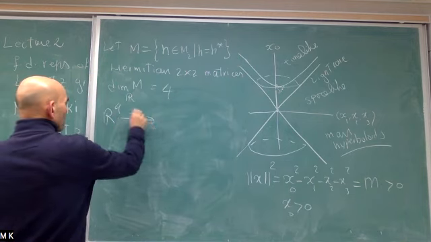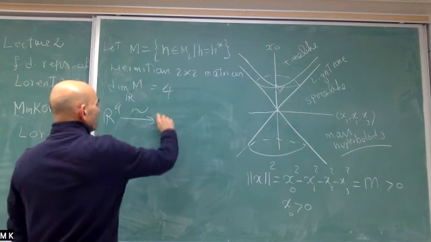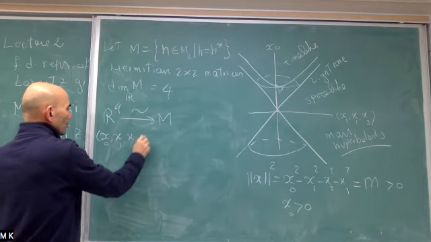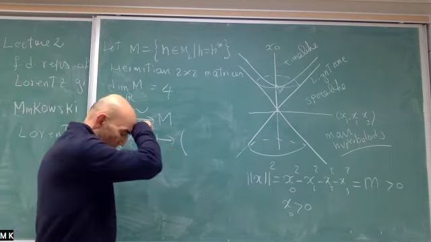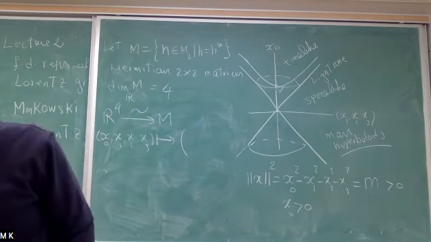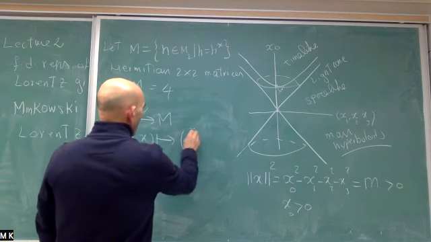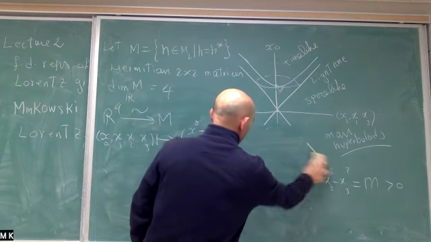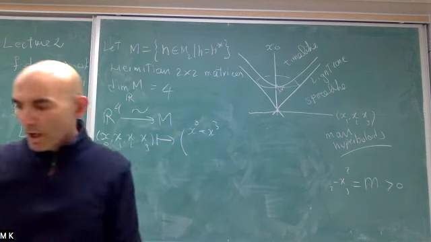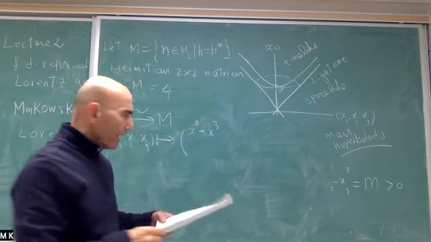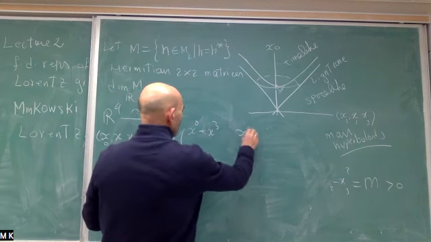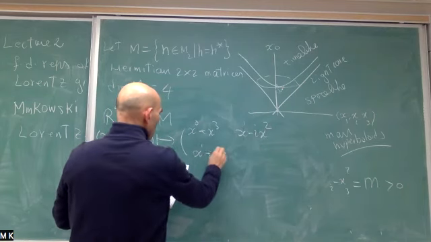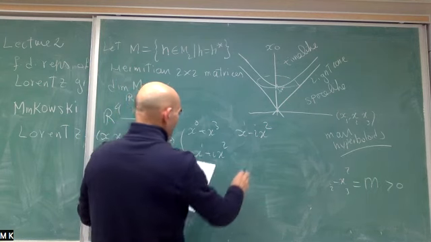From R4 to this M, we send a quadruple x0, x1, x2, x3 to x0 plus x3, then x1 minus ix2, x1 plus ix2, and x0 minus x3.